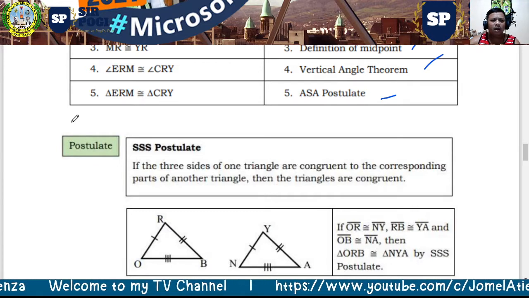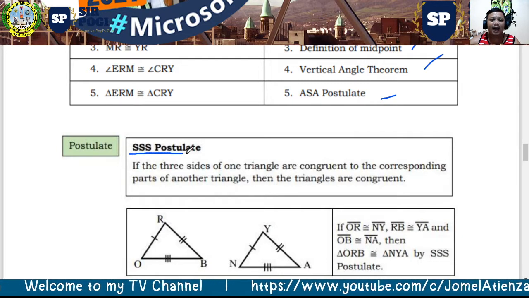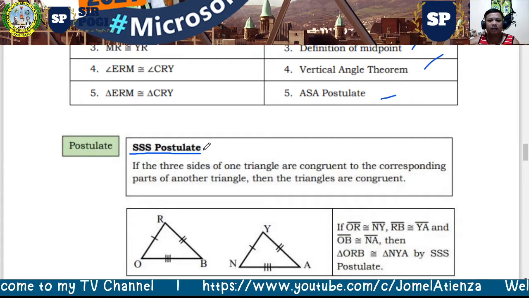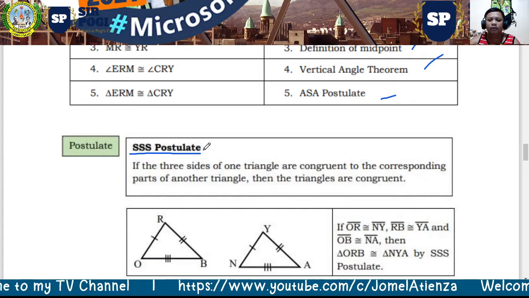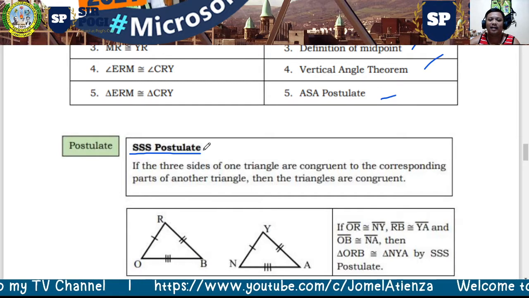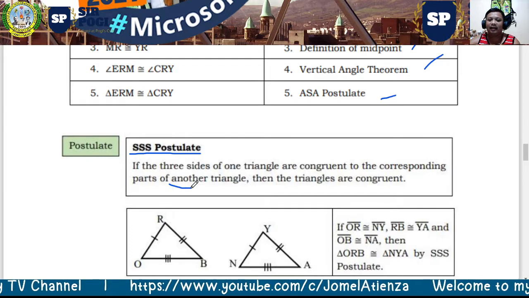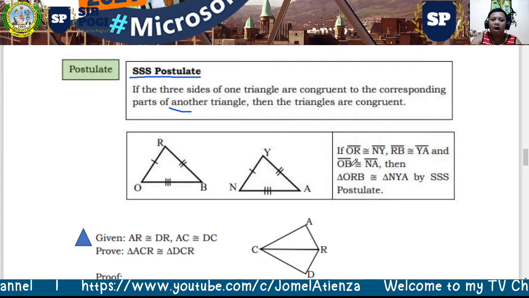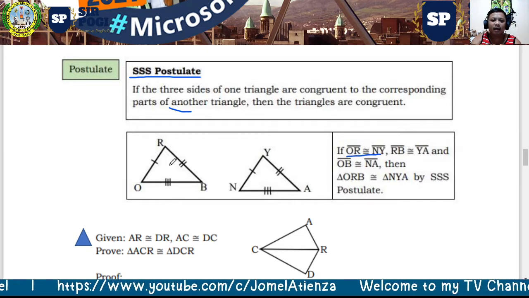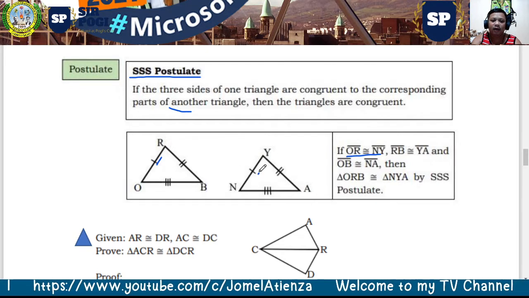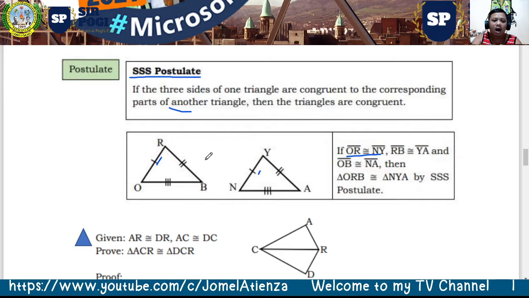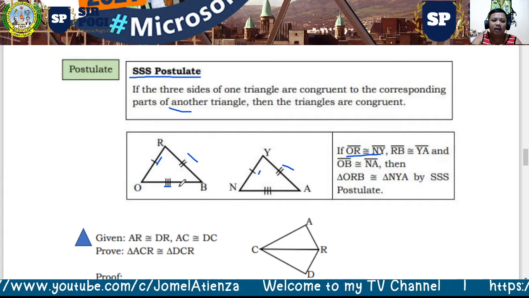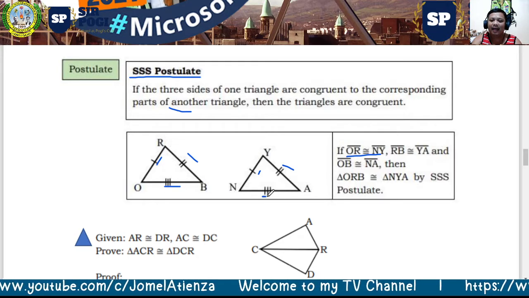How about if we are going to use the side postulate? If the three sides of one triangle are congruent to the corresponding parts of another triangle, then the triangles are congruent. For example, we have OR congruent to NY, RB congruent to YA, and OB congruent to NA.